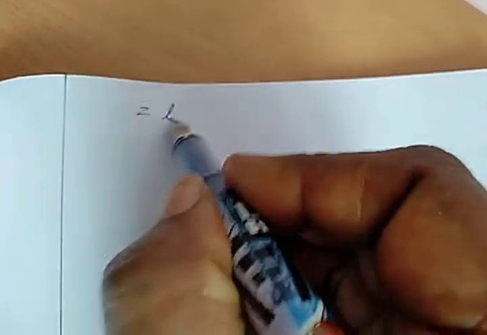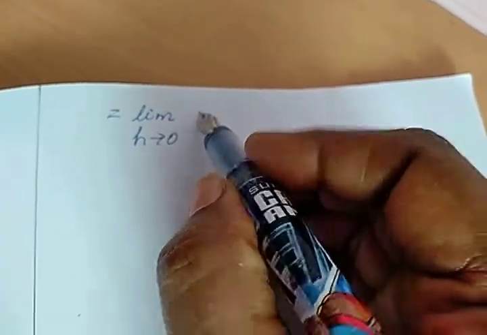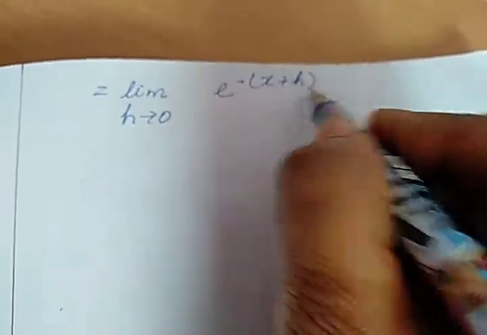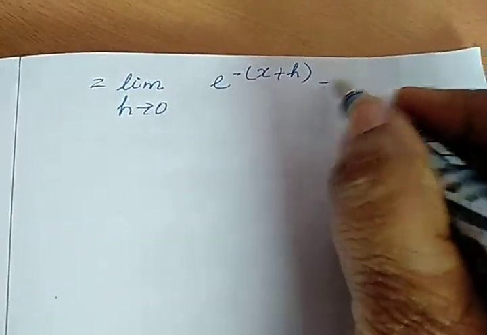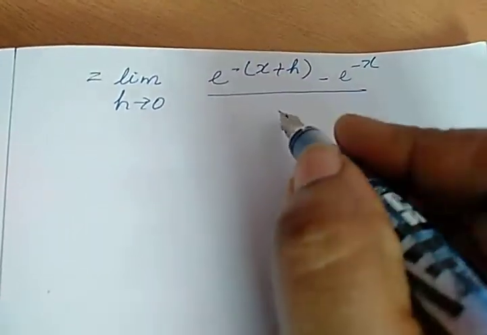Now, limit h tends to 0, f of x plus h means e to the power minus of x plus h, minus f of x means e to the power minus x, the whole divided by h.